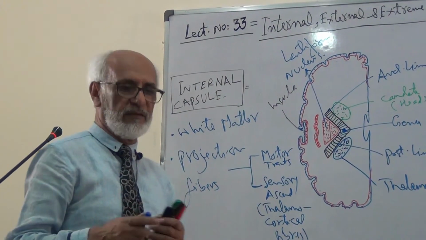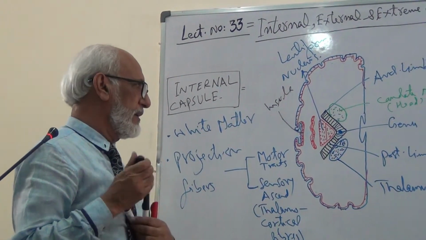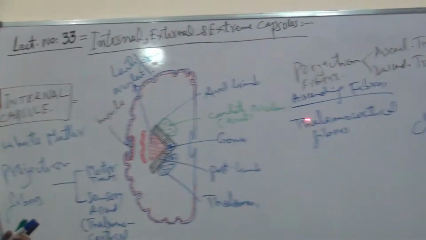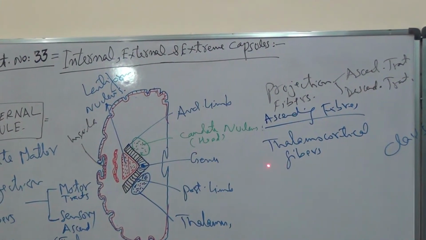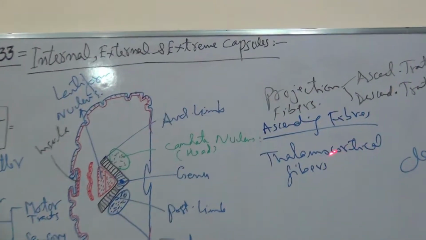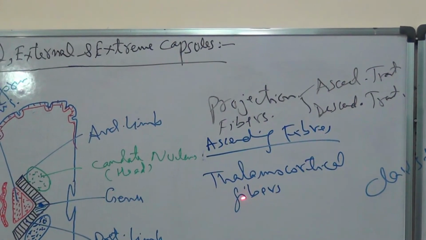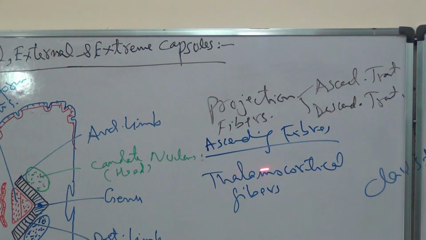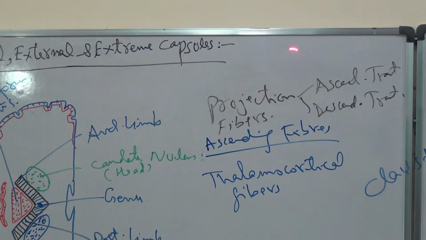And from the thalamus, the nerve fibers arise which pass through the internal capsule and relay in the sensory cortex, known as the thalamocortical fibers. They connect the thalamus with the sensory cortex. So the ascending tracts are fibers passing through the internal capsule.